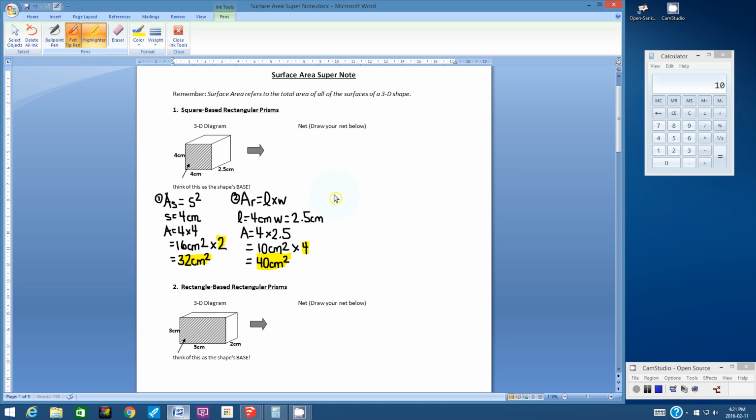Okay, so our last step for this question is the total. So, total surface area equals, so let's add these two numbers. We have 32 centimeters squared plus 40 centimeters squared. Please use your calculator.